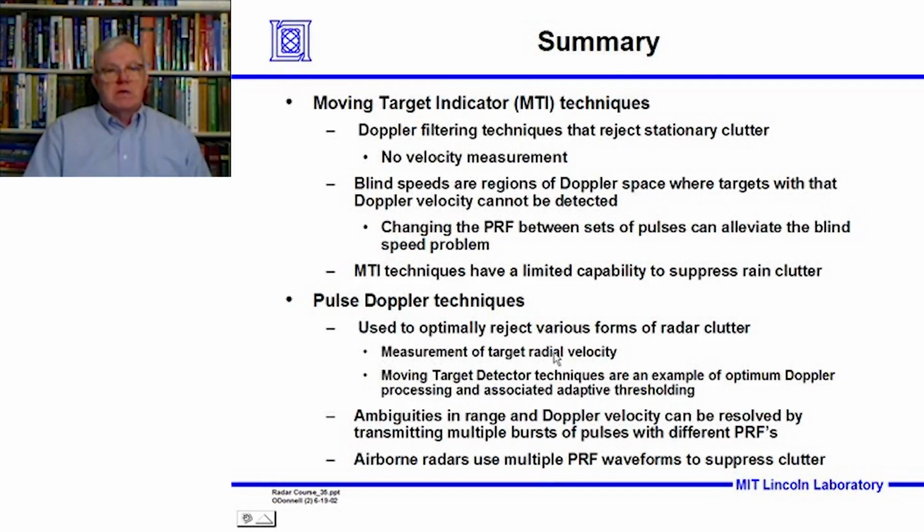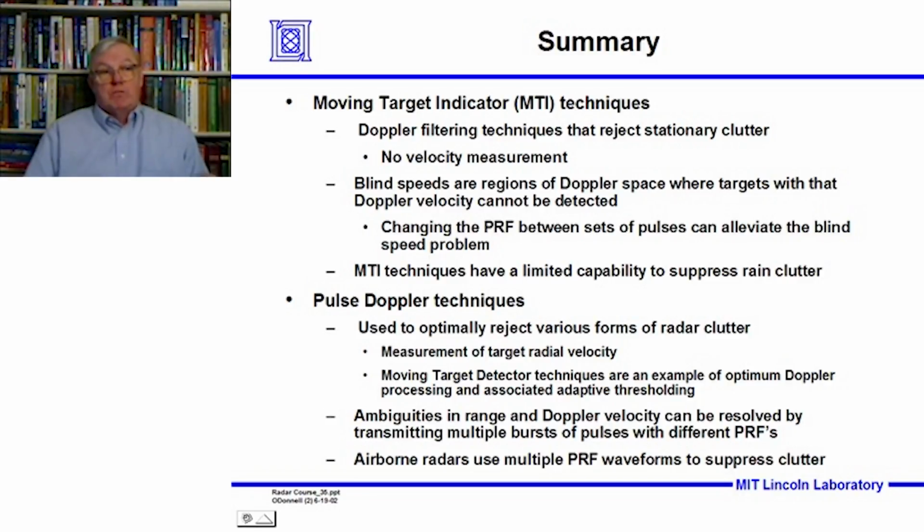Okay, so let's summarize. We've looked at moving target indicator techniques to reject clutter, Doppler filtering techniques that reject stationary clutter. There's no velocity measurements. Blind speeds are those regions in Doppler space where the targets with that Doppler velocity can't be detected. So if it's a blind speed, if a target's got that Doppler velocity, you're not going to see it.